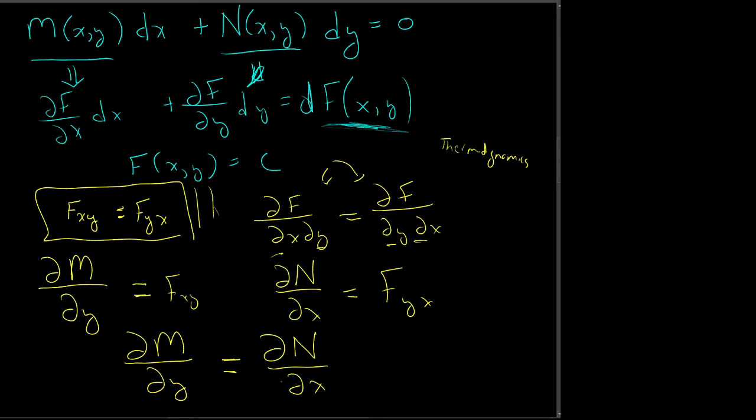What we're really saying is, if these two functions came from the same master function, and I took the partial in x to make this one, and I took the partial in y to make this one, then if I take another partial of the opposite variable for them, my answers should equal. And so this is my test for exactness.